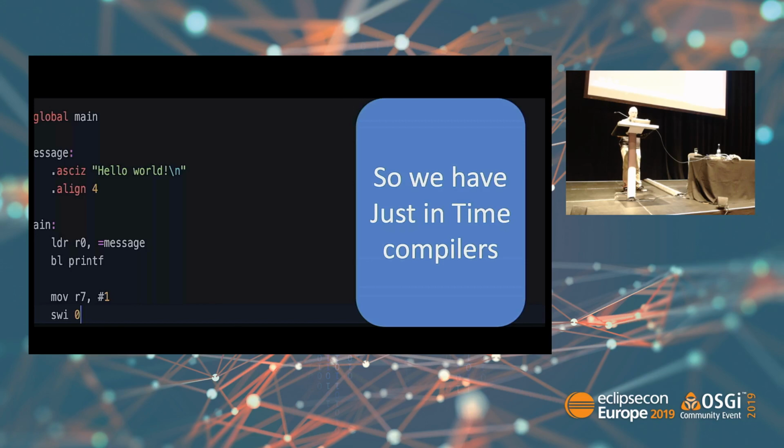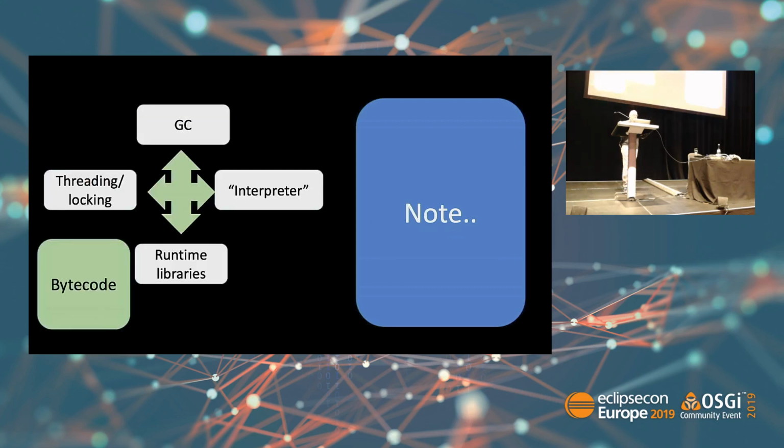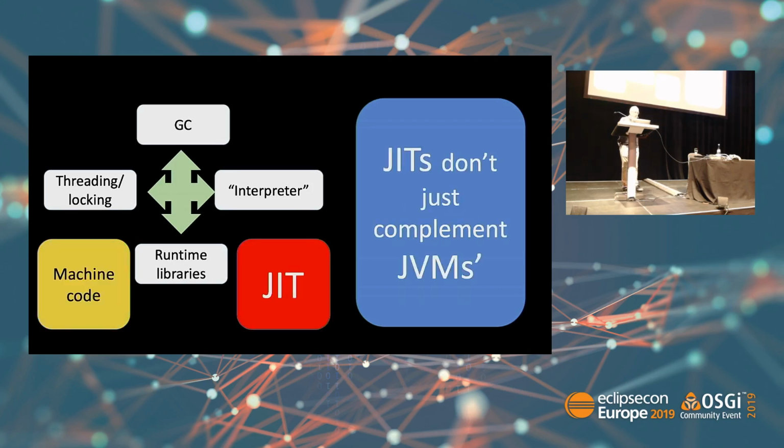Okay? However, when you look at the bits and pieces here, and this is quite abstract, you have bytecodes, you have things going on about threading and locking, you obviously have some garbage collection, and then you have this interpreter loop or whatever, and then you have all the runtime libraries, all the C code that does things for you, okay? JITs don't sit there and just go, hey, you can use us instead of the interpreter and produce machine code.